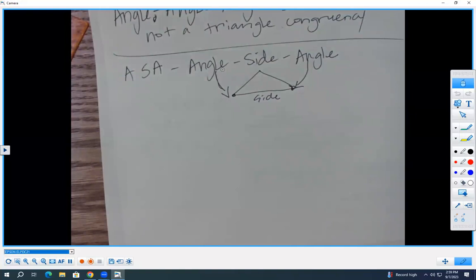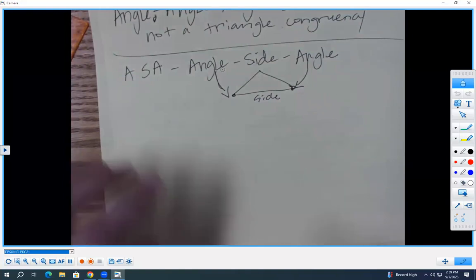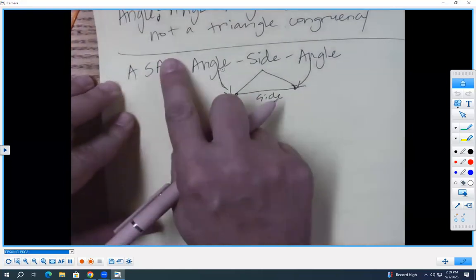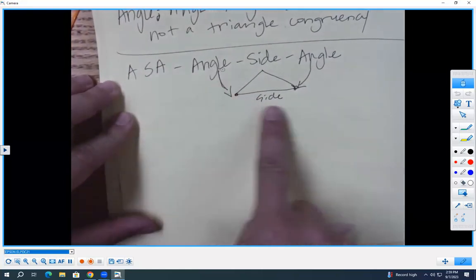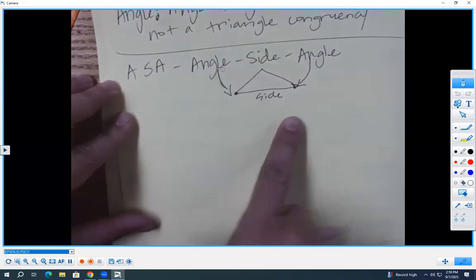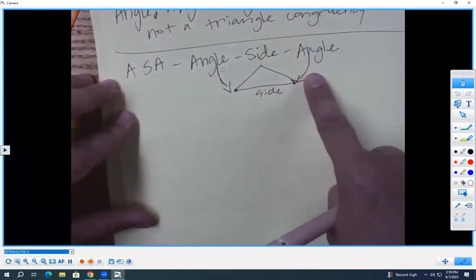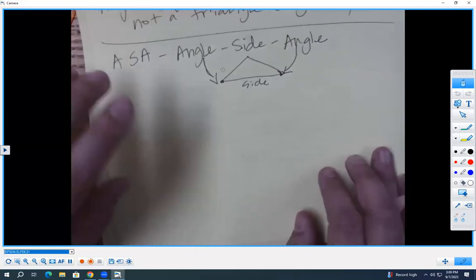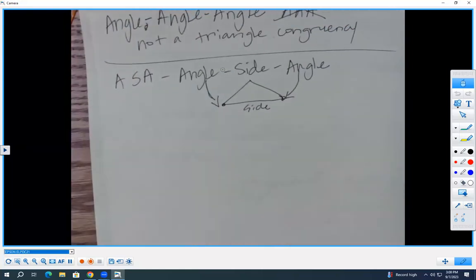So this is angle, side, angle. The order you write it in matters. ASA means if I'm going around clockwise or counterclockwise, angle, side, angle, or the other way, angle, side, angle. Does that make sense? So we say this one is a triangle congruency.